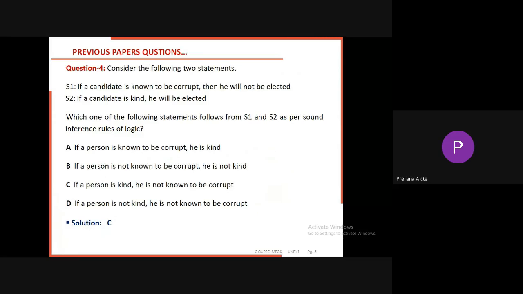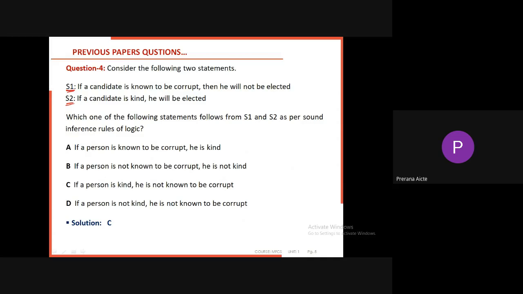Here two statements are given. One statement is S1 and the other is S2. S1: if a candidate is known to be corrupt, then he will not be elected. And S2: if a candidate is kind, then he will be elected.